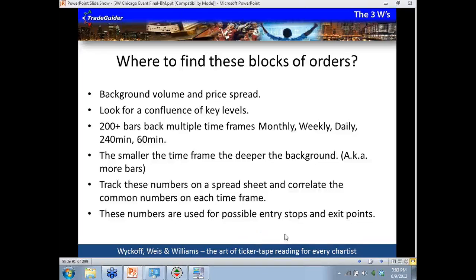It's uncannily accurate once you get those levels. All of a sudden you'll start to see wide-spread down bars into those areas, testing, or wide-spread up bars, and then an upthrust. It's almost a no-brainer once you spot those levels. So key levels and trigger numbers are what I'm going to really hone in on, 200-plus bars back.